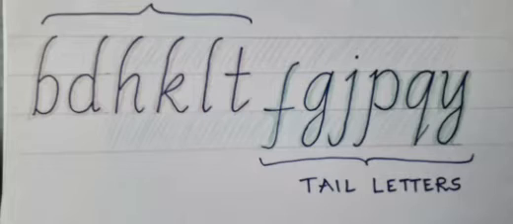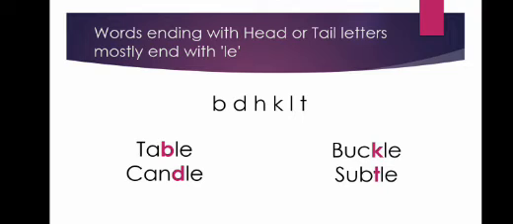The reason is simple. If you look at the lines behind, in the upper zone, we have heads for B, D, H, K, L, T, and we have tails for F, G, J, P, Q, Y. Words ending with head letters or tail letters mostly end with LE.